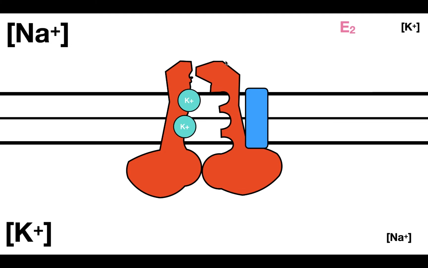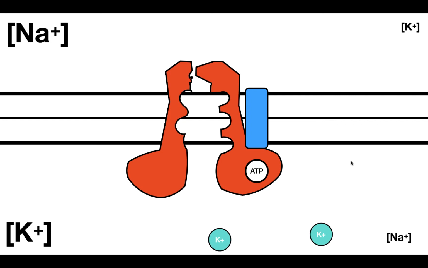So the E2 form has both the outside and inside pore closed. Then ATP will come in and bind to the pump, which will cause a conformational change that opens the intracellular pore, which allows the potassium to move in. So this form is called the E1 again, and this allows the process to start all over again.